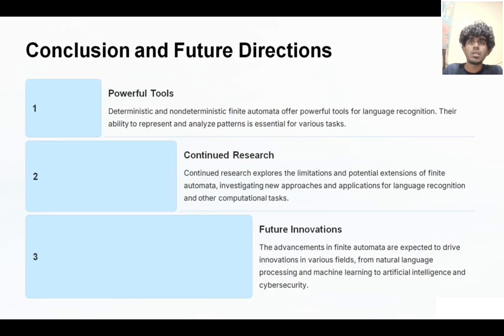Continued research: continued research explores the limitations and potential extensions of finite automata, investigating new approaches and applications for language recognition and other computational tasks. Future innovations: the advancements in finite automata are expected to drive innovations in various fields, from natural language processing and machine learning to artificial intelligence and cybersecurity.